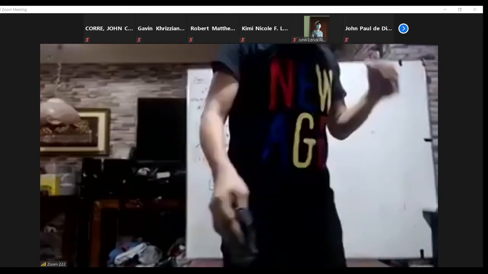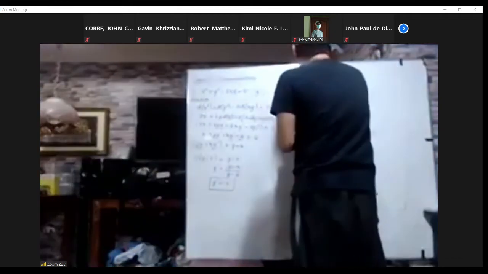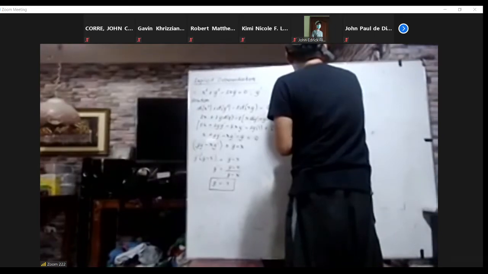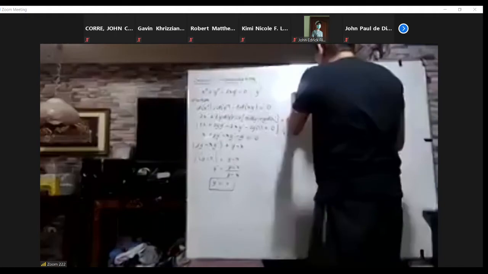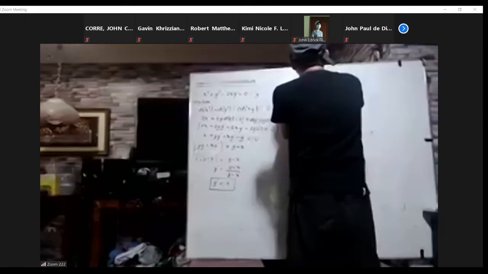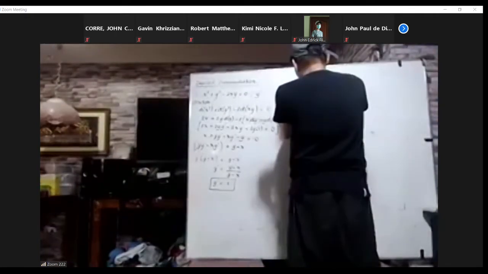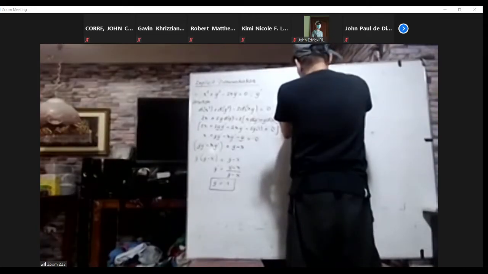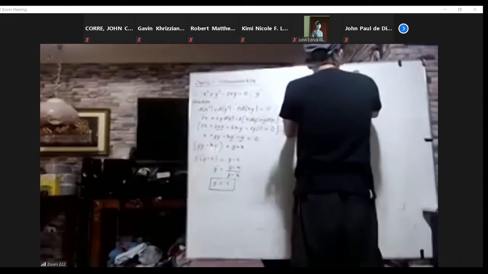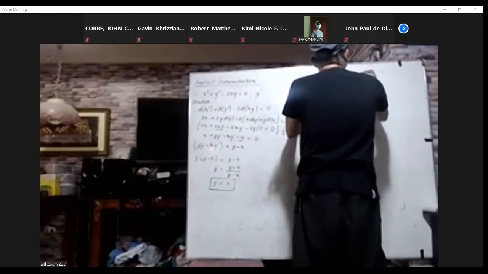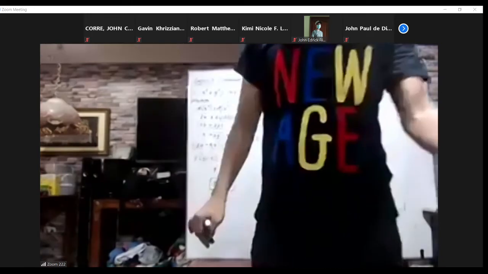Okay, so number 2 natin: square root of x plus square root of y equals a. Remember, ang a natin is a constant. So, hanapin natin ang derivative ng y.